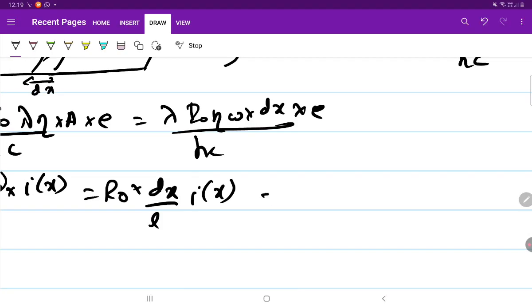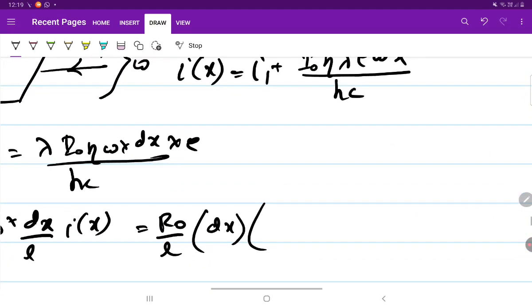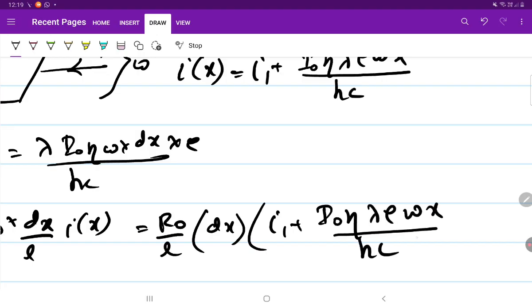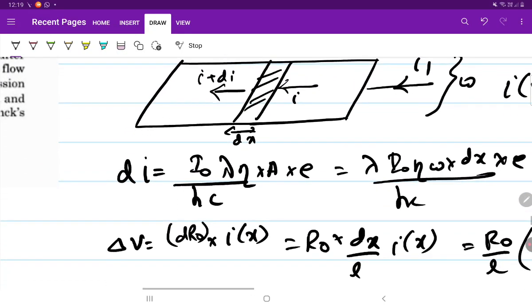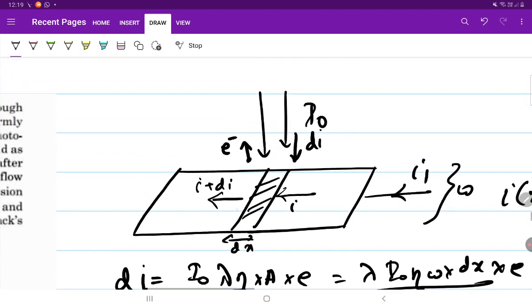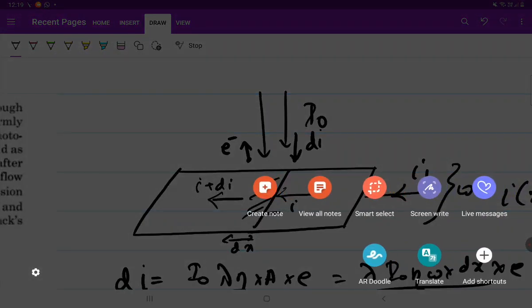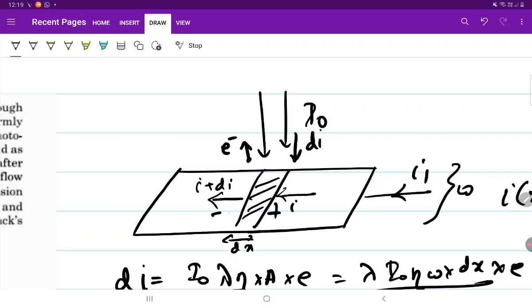So just putting the values here, R naught by L into dx into I1 plus I naught eta lambda e w x by hc. This is the differential voltage induced between these two points. Well, I'm wrong here, it will be opposite: this is positive, this is negative.